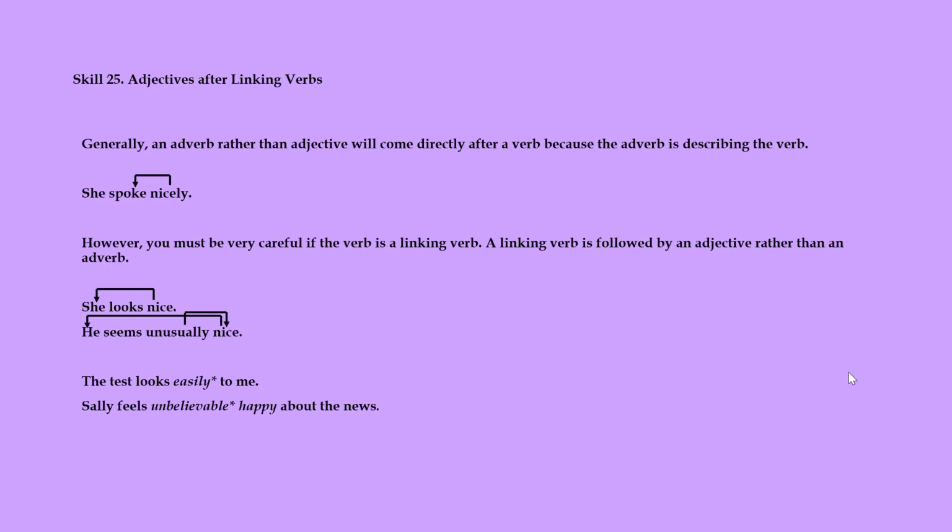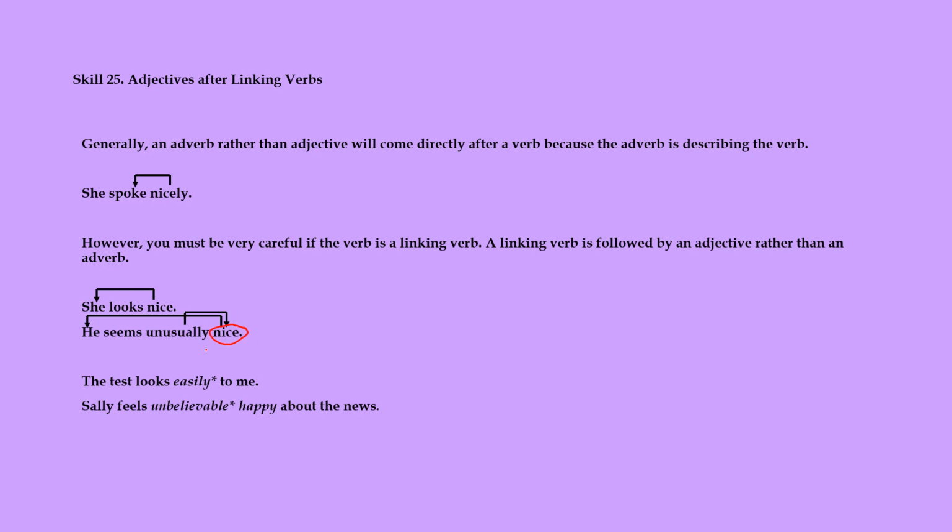After seems must be followed by an adjective. In this sentence, we can find the adjective nice. Nice describes the pronoun he, and then it is described by the adverb unusually. So unusually as an adverb describes the adjective nice, while nice as an adjective describes the pronoun he.